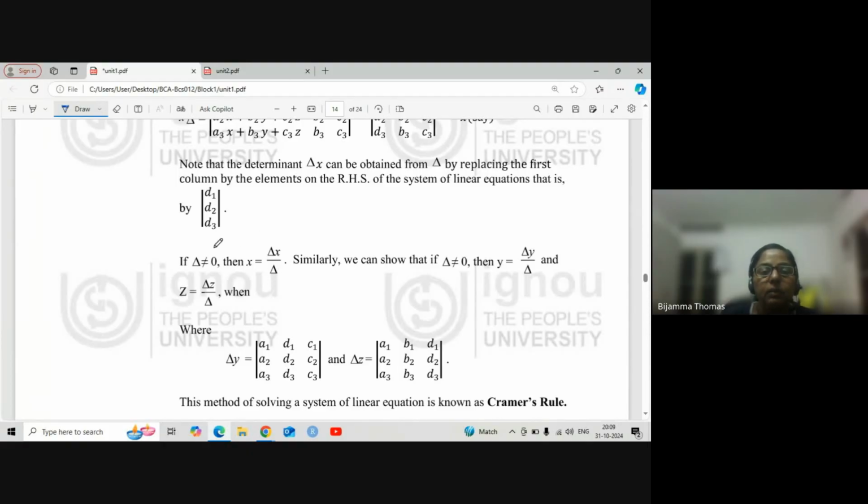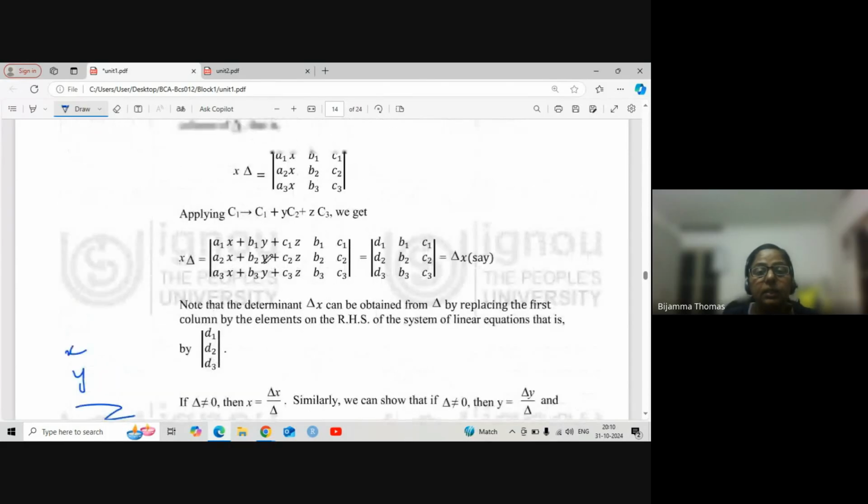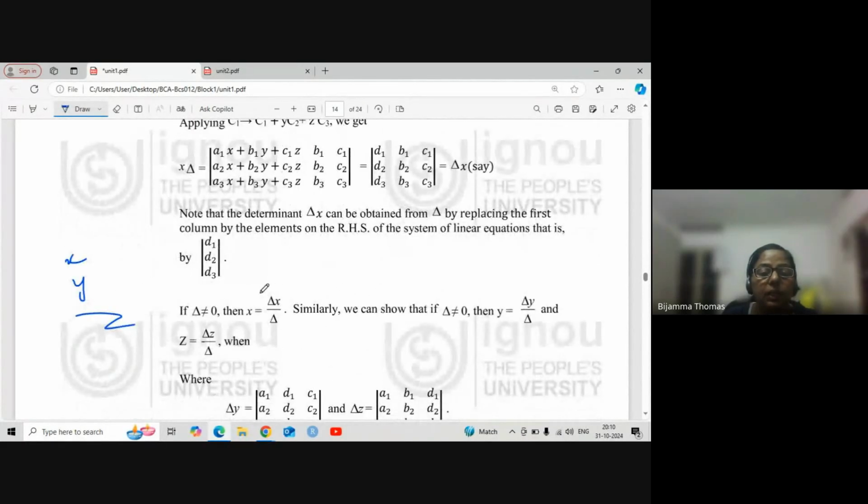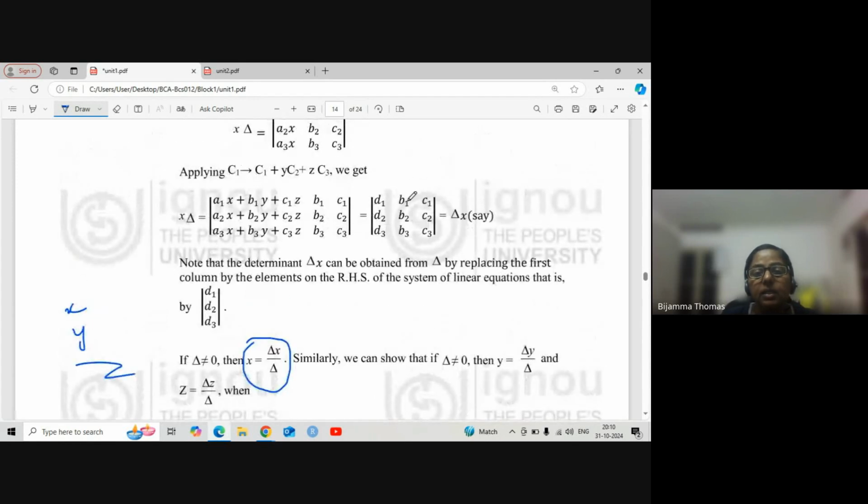To solve the system of equations, we have to identify the values of x, y, and z, right? So x can be calculated as follows. The first variable x is equal to delta x divided by delta. Delta x is the determinant where, when we identify the value of the first variable, the first column is replaced by the right hand side constants.